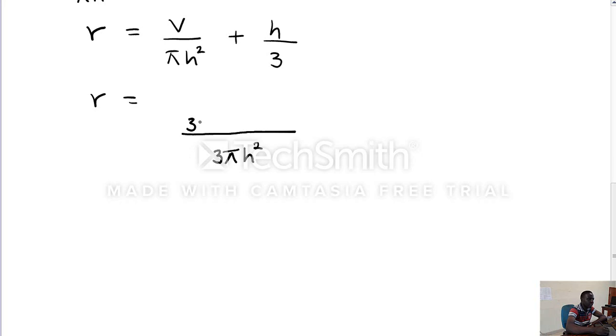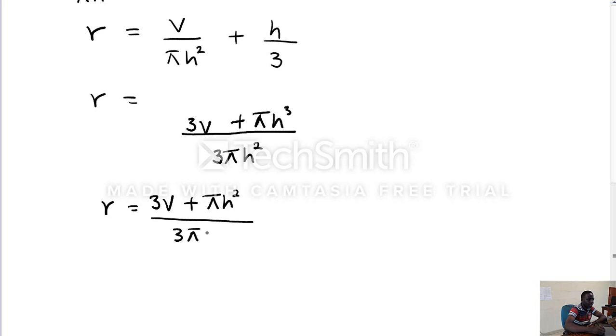So this is 3v plus, you do the same here, 3 pi h squared divided by 3 will give us pi h squared, and pi h squared multiplied by h will give us pi h cubed. Okay, and our value of r is equal to 3v plus pi h cubed divided by 3 pi h squared.